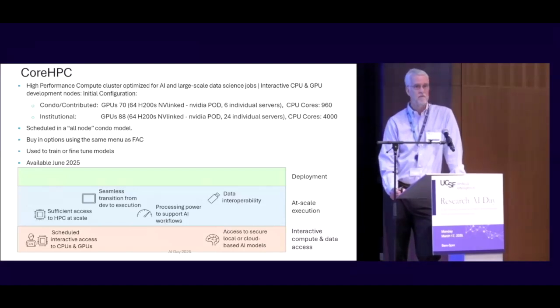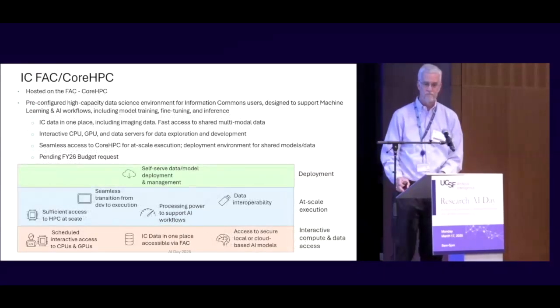It actually shares the infrastructure with the FAC, so being able to move data around will be very seamless. Also deploying what you've done on FAC and scaling up to HPC will be seamless. It's really targeted to train and tune models, and it's targeted to go live in June.